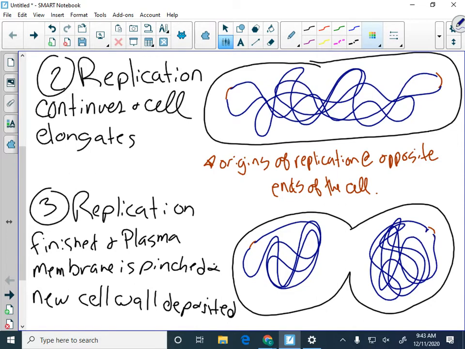And those are connected. My board's a little off. So I still have the origins of replication highlighted because when these become their own cells and go to divide, that origin of replication is going to be the same. So where this cell on their chromosomes started to replicate, these cells will also replicate.